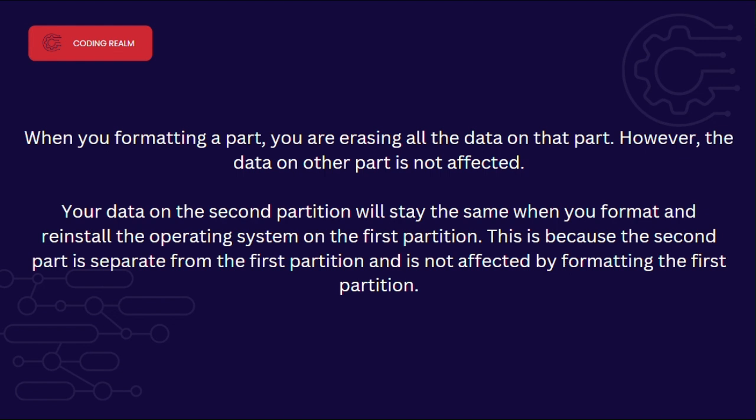Your data on the second partition will stay the same when you format and reinstall the operating system on the first partition. This is because the second partition is separated from the first partition and is not affected by formatting the first partition.